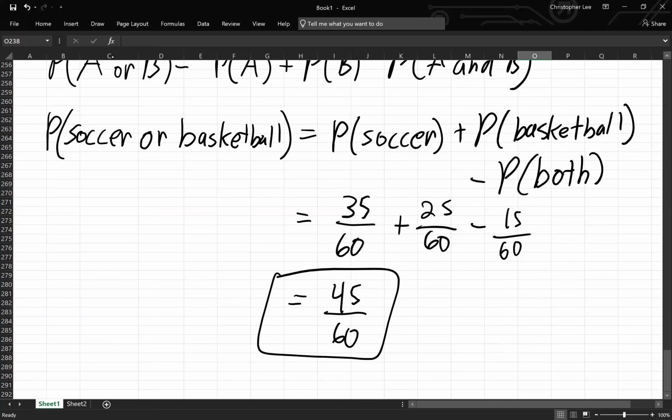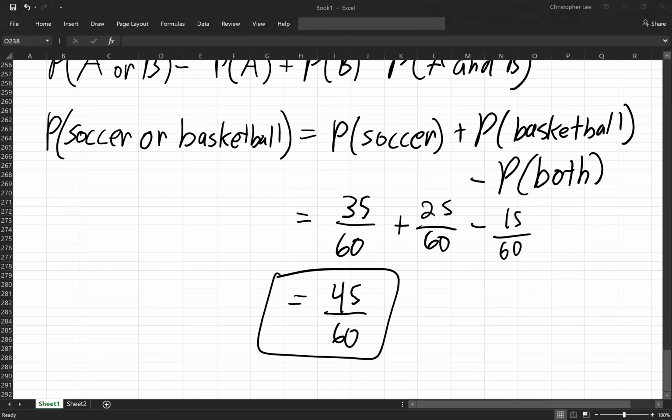We good? No questions? All right. 35 plus the 25 minus the 15 on the top part, and then divided by 60. And that's it.